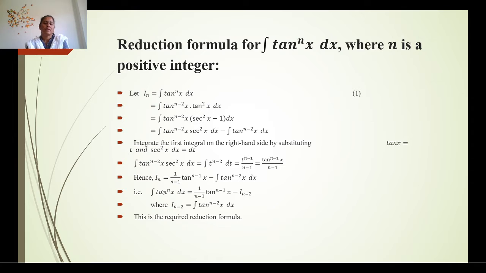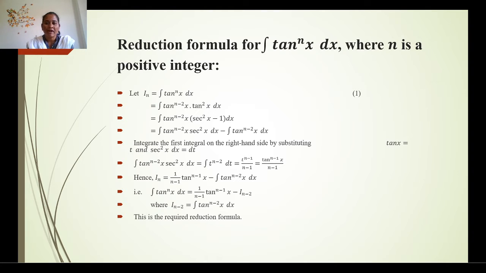Then in place of In, write integral of tan to the power of nx dx, which is equal to 1 divided by n minus 1 tan to the power of n minus 1 x minus, here the power is n minus 2, so I write I n minus 2, where I n minus 2 is integral of tan to the power of n minus 2 x dx. This is the required reduction formula for integral of tan to the power of nx dx.